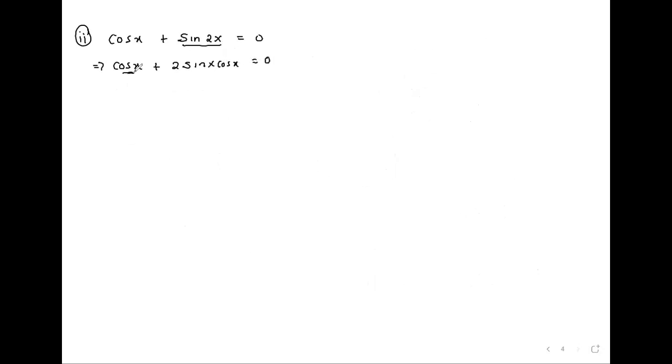Then cos is common. Then 1 plus 2 sine x is 0. So you're saying cos x is 0 or 1 plus 2 sine x is 0, meaning sine x is negative 1 over 2.